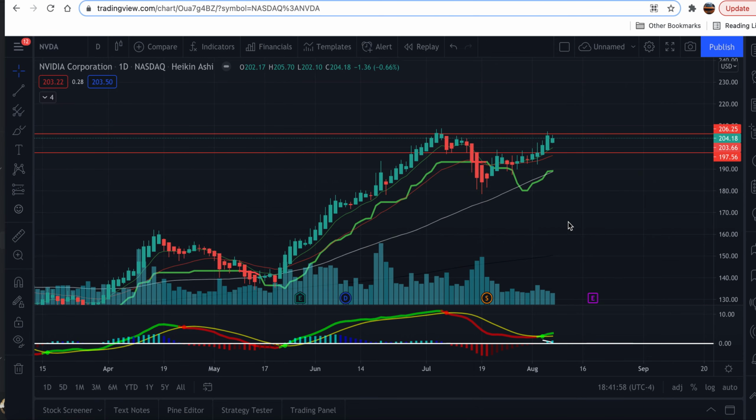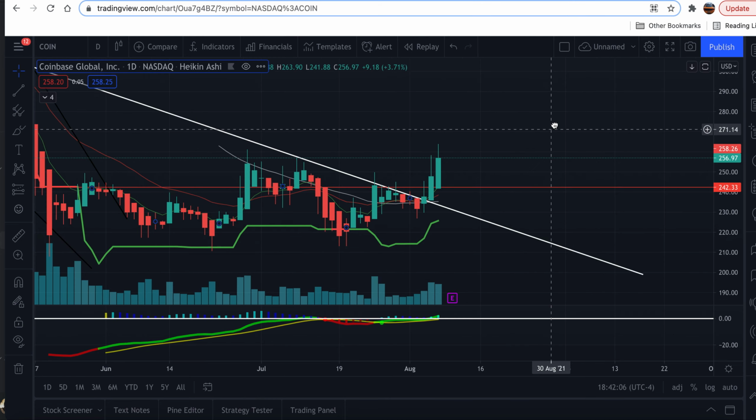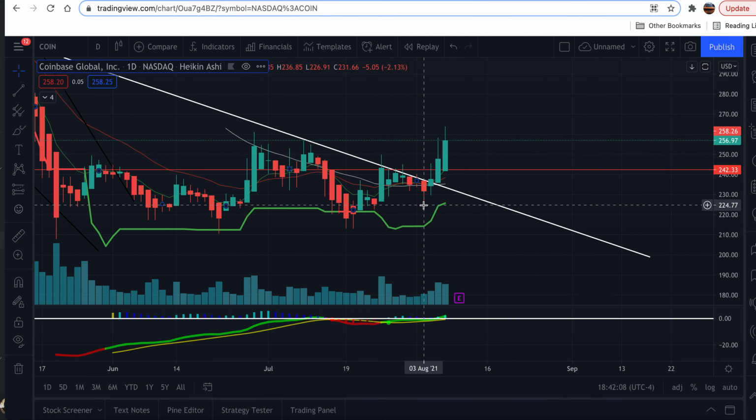All right, so NVIDIA had a good move, and Coin. Let's look at Coin. So that was from 8/4.